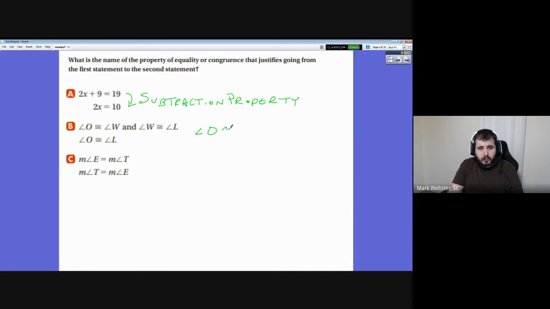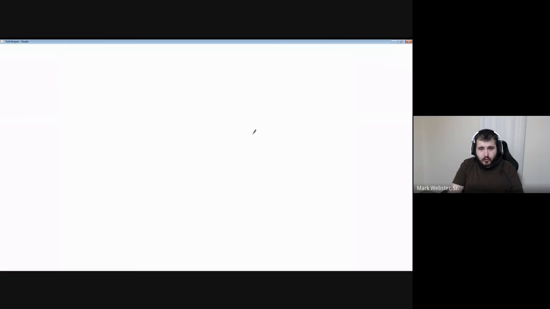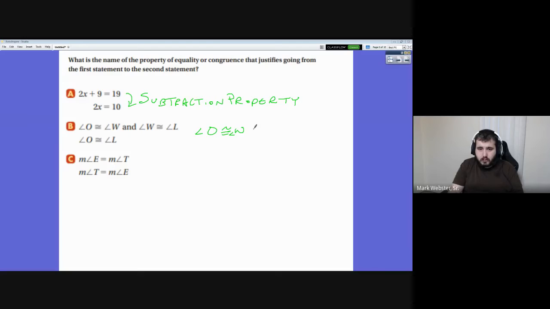Angle O is congruent to angle W, and we know angle W is congruent to angle L. So let's smush them all together. And then what we should be able to do is take angle O and connect straight to angle L, right? And that's what we're doing here. So this is the transitive property.